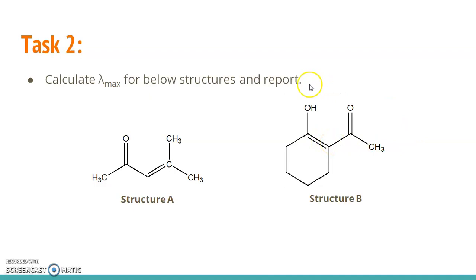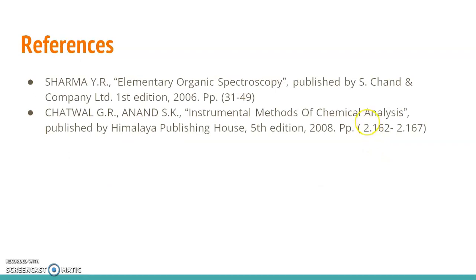If there is any substitution on the carbons involved, either on this alpha or this beta, you are supposed to assign the increments for those values. So these are the two tasks, task 1 and task 2, which you are supposed to submit as a report.